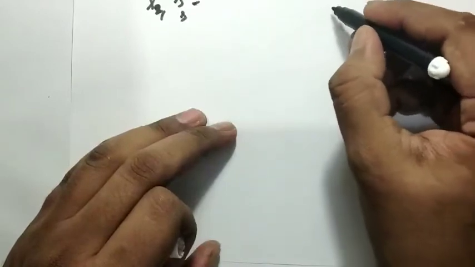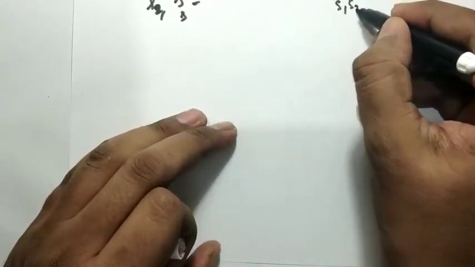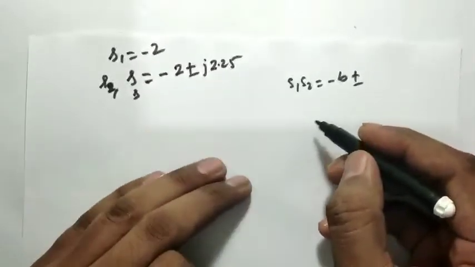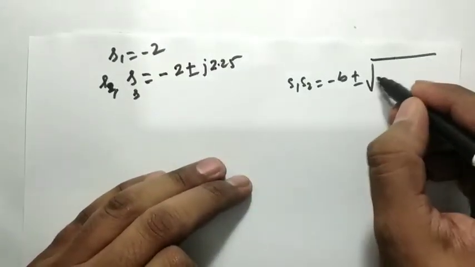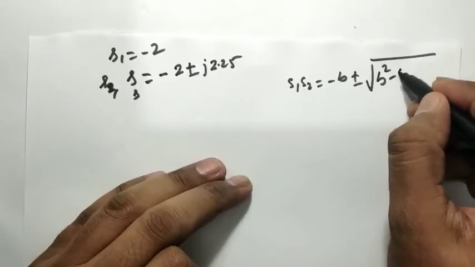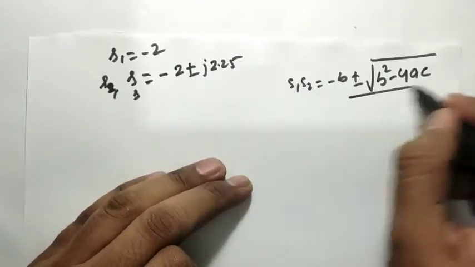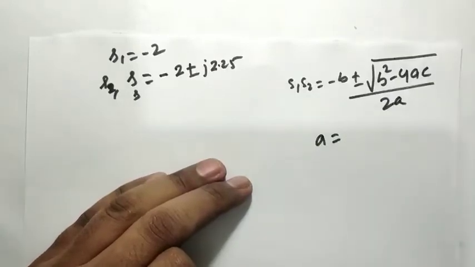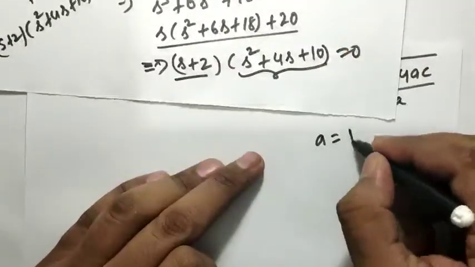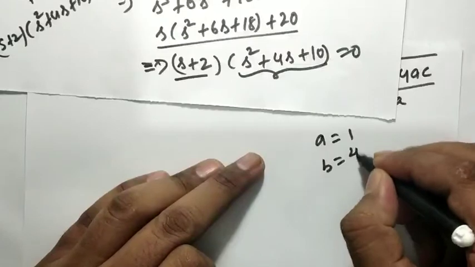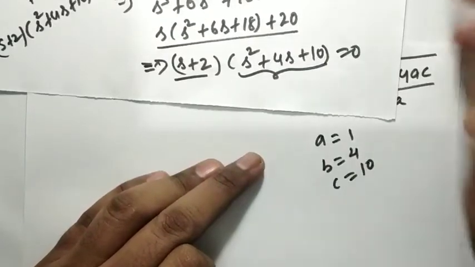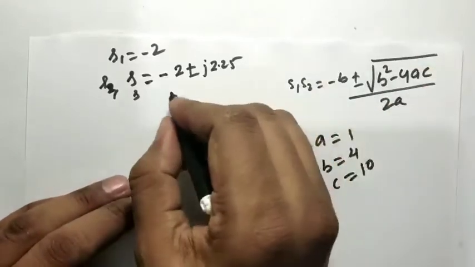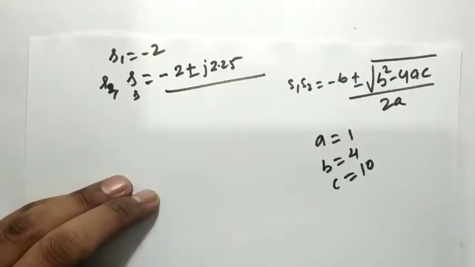You have the quadratic equation, so s is equal to minus b plus or minus root b square minus 4ac by 2a. Here a is equal to how much? a is equal to 1, b is equal to 4, and c is equal to 10. You substitute the a, b, c values in this equation, so you will get these complex poles, right?